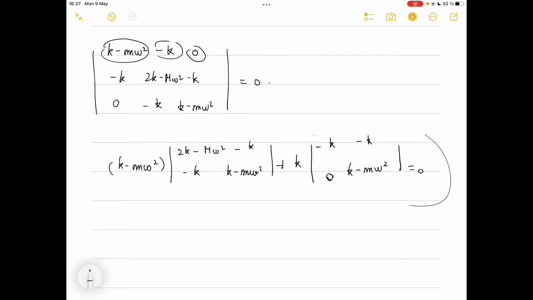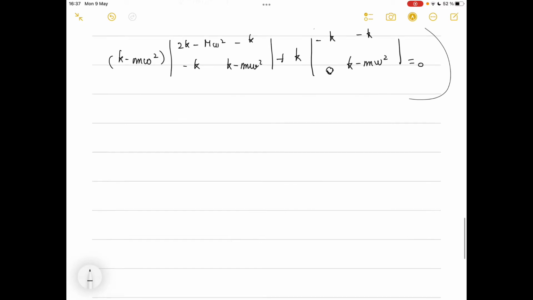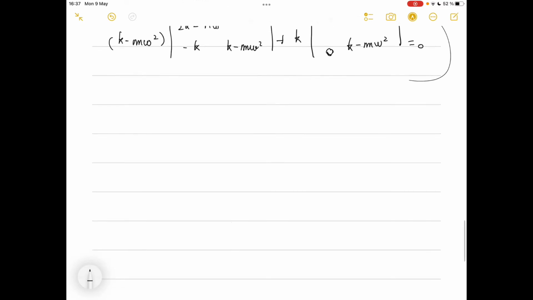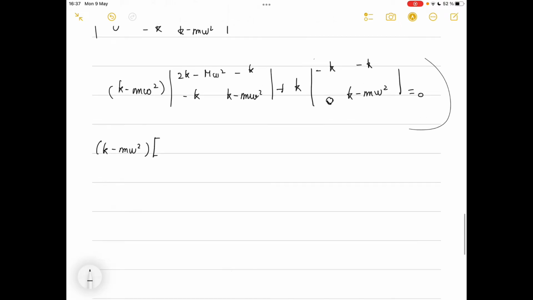So let's expand things out so it looks a bit neater and clearer. We would have k minus m omega squared times, and remember, when we do a 2 by 2 determinant, we compute this times this minus this times this.